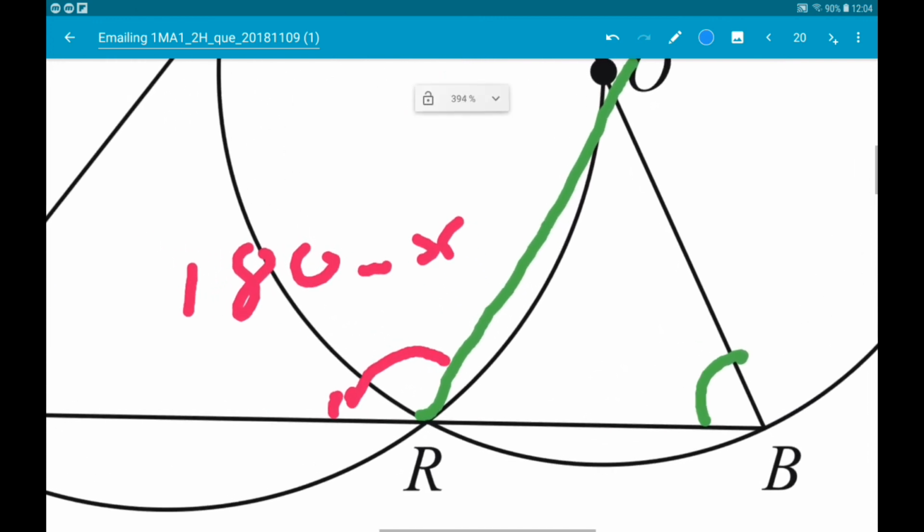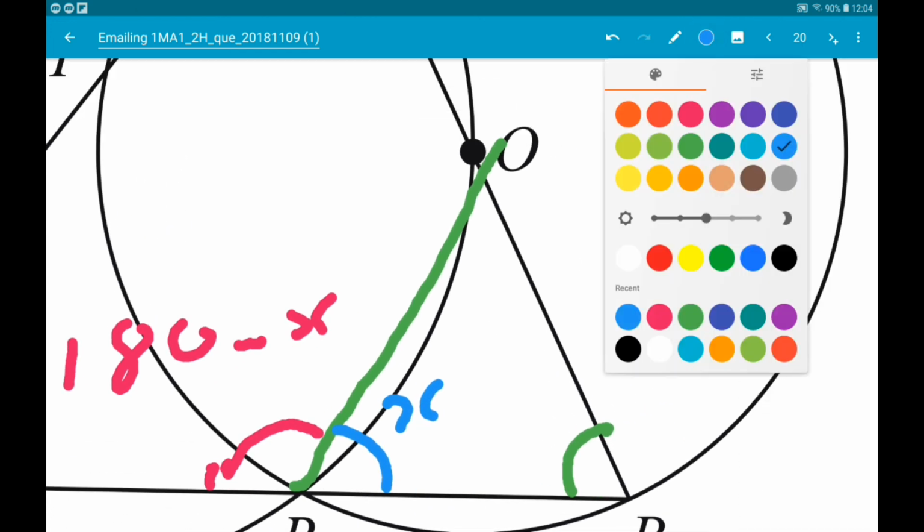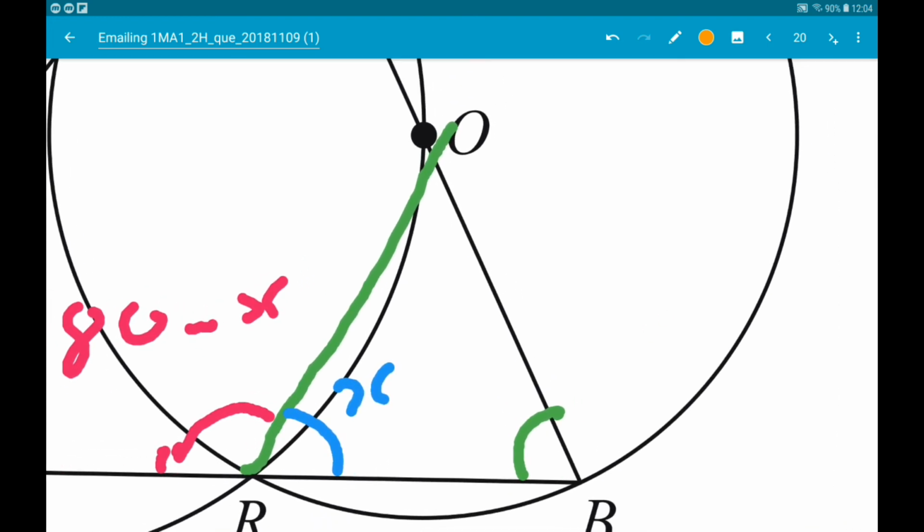Okay, then next step, we now have angles on a straight line. Now, angles on a straight line add up to 180 degrees. So, this angle has to be angle X. Now, we are inside a triangle.